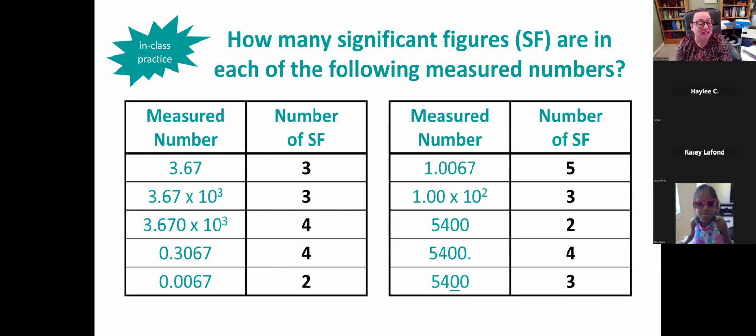Any zeros at the beginning, on the left side of our measured value, like 0 point something, no matter how many there are and whether there's a decimal or not, it doesn't matter. If they're at the beginning on the left side, they are not significant.